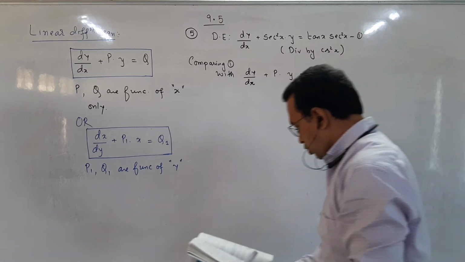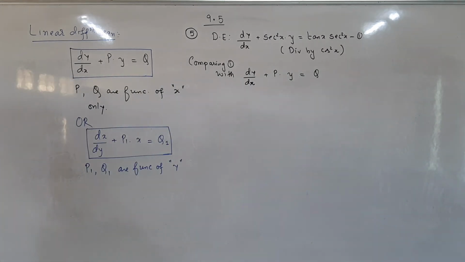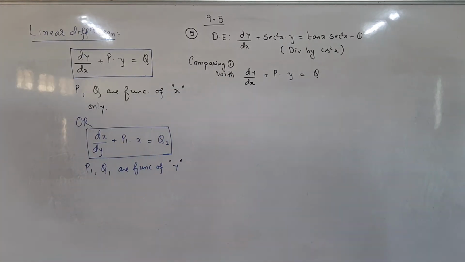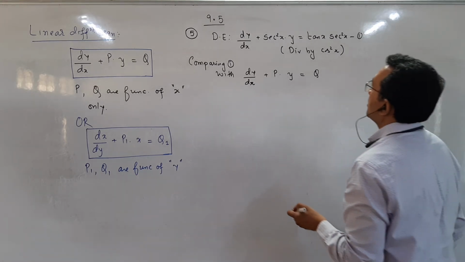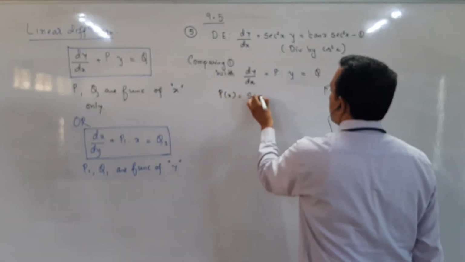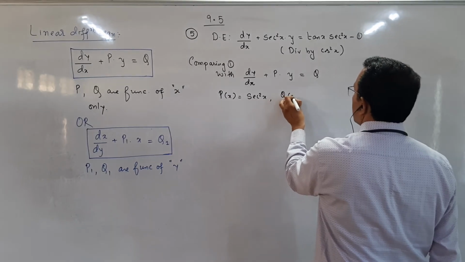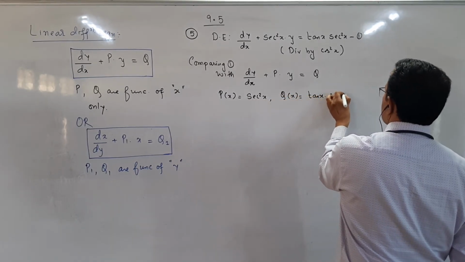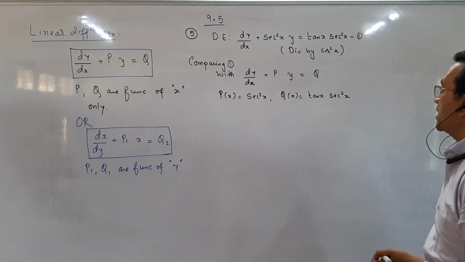So tan x upon cos square x is nothing but tan x into sec square x, students. Now, all of you please pay attention and try to understand this basic. P of x is sec square x and q of x is nothing but tan x into sec square x.